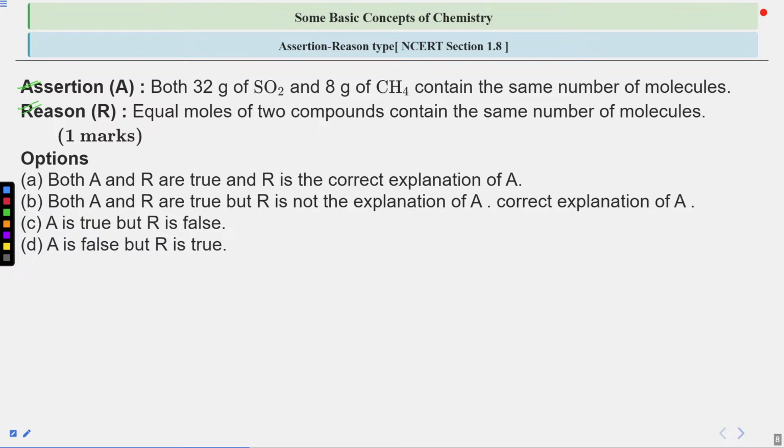Our statement is that if we take 32 grams of sulfur dioxide and 8 grams of methane, then they both will contain the same number of molecules. First you have to verify whether this statement is true.